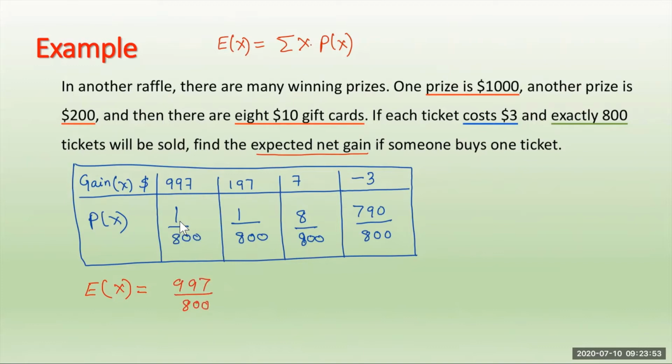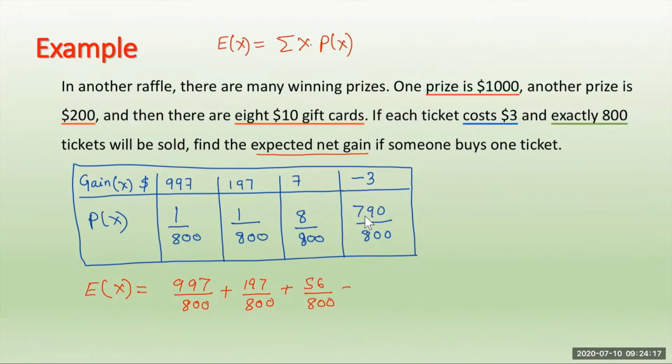The next one plus 197 times 1, that is 197 over 800. Then plus 7 times 8 in the numerator, which is 56 over 800. And the last one has a minus, so the result will be minus.